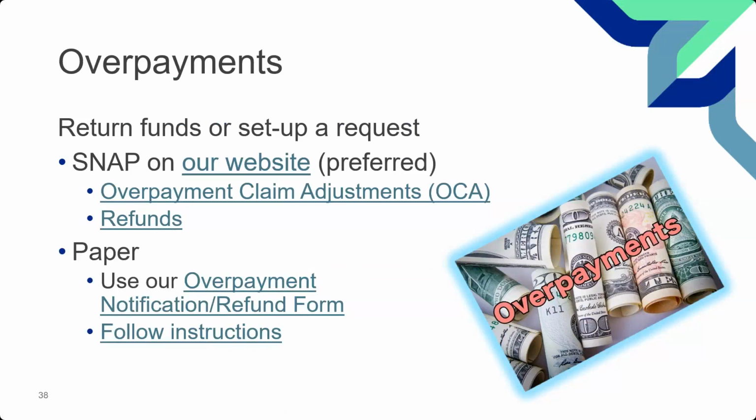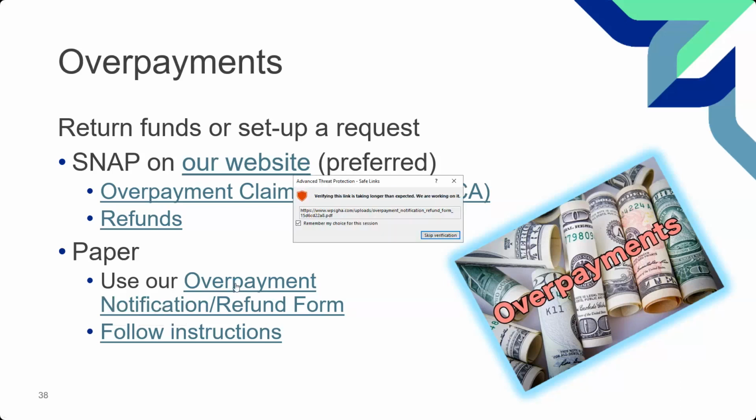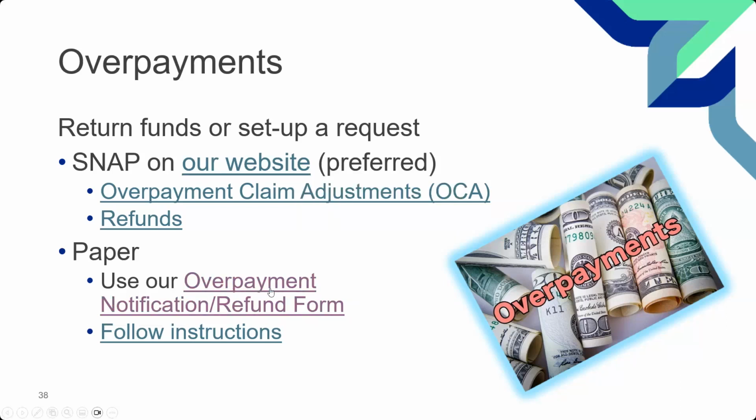The overpayment claim adjustment function can be done within the claim inquiry function. Details can be found in the portal user manual, but I do want to take a look at the payment or the overpayment notification refund form because this is kind of the same as the form that we looked at earlier.